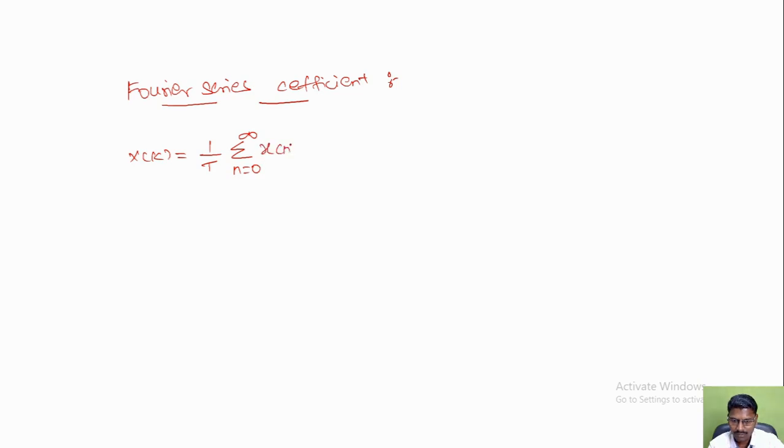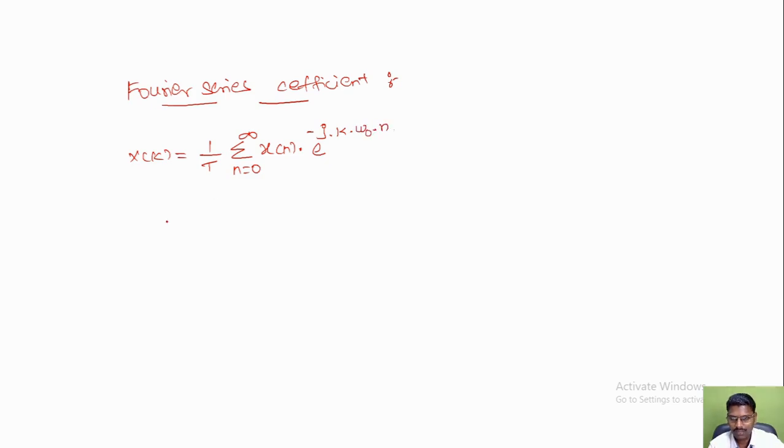So we know the formula for the Fourier series coefficient representation is given by x of k is equal to 1 by T summation n is equal to 0 to infinity of small x of n into e to the power of j k omega naught n.